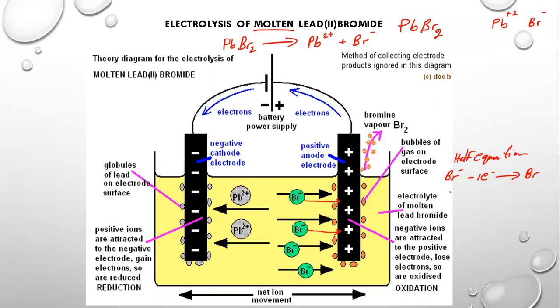Every bromide ion will do the same. So let's look at another bromide ion; it will do exactly the same: Br- minus 1 electron goes to form a Br atom. Now, bromine as an element is not stable in its atomic state.